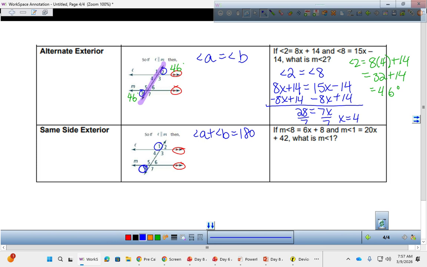These are same side exterior angles. So angle 8 plus angle 1, because they're same side exterior, add together to equal 180. So I can take the equation for angle 8 and add it to the equation for angle 1 and set it equal to 180.